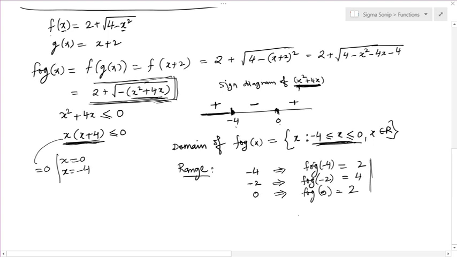So now that gives us the range. Your range is y such that y is greater than or equal to 2 and less than or equal to 4, and y is a member of R. That's what you get for fog x.